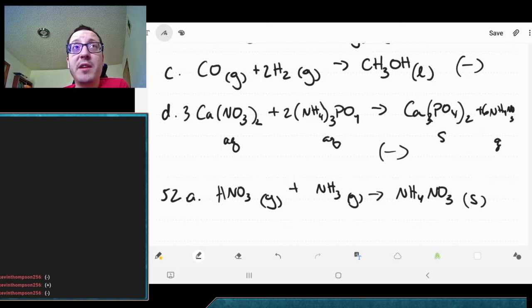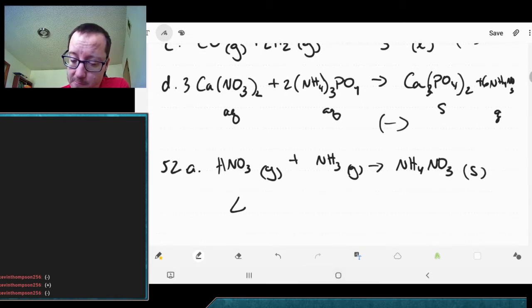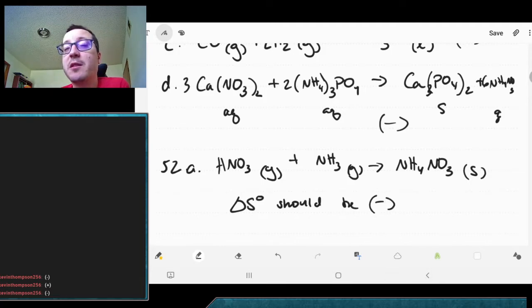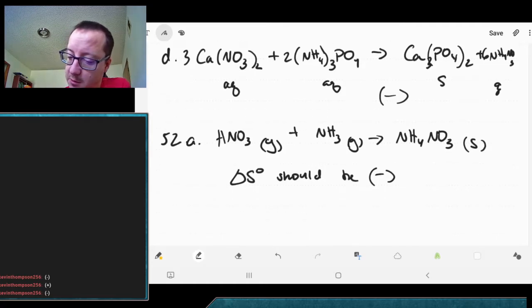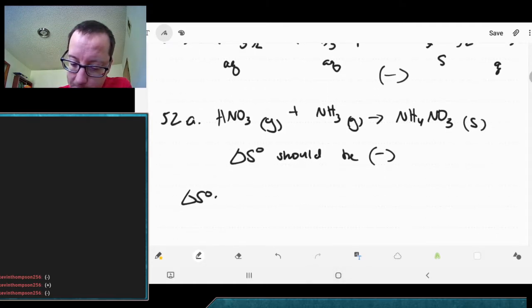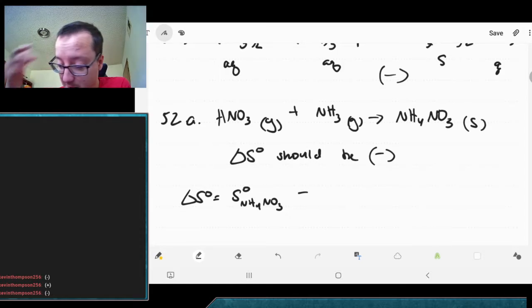With this one, we would probably predict it should be negative, because we're going with 2 moles of gas, making a solid, so we're definitely reducing our freedom there. And so we're going to want to calculate that. We're going to have our products minus our reactants. Looks like things are already balanced here, so we don't have to worry about that.